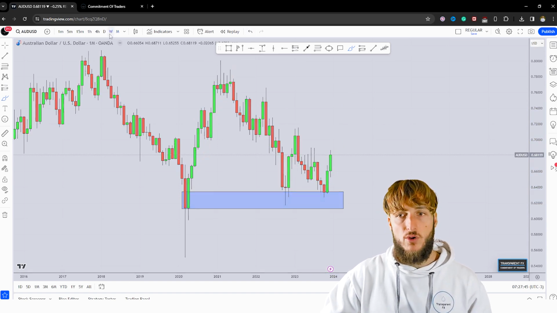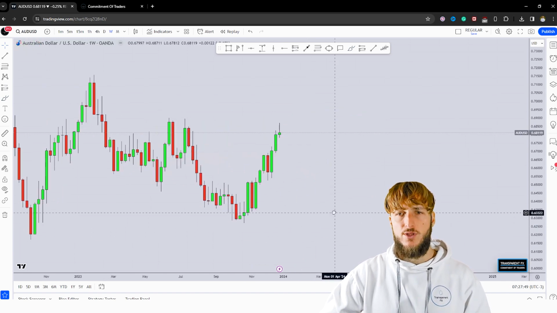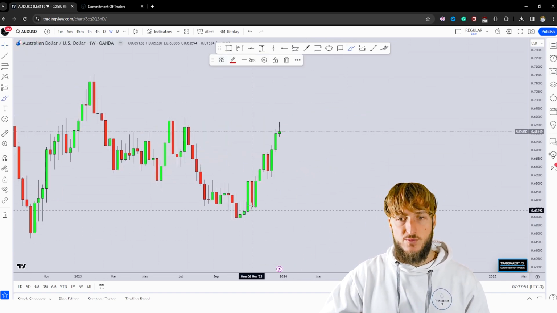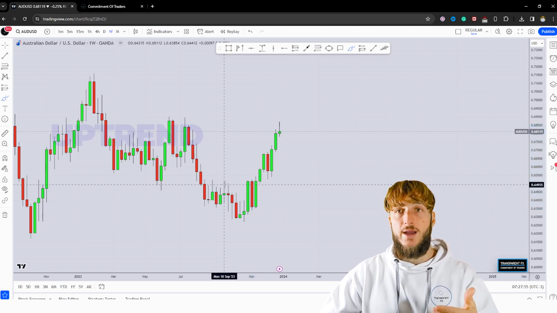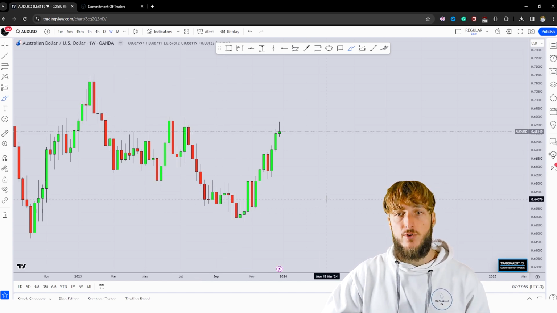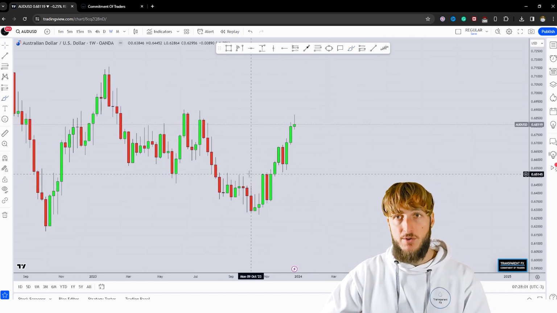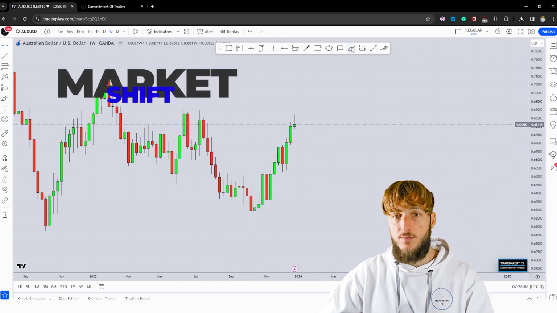Now, if we drop down on the weekly time frame, what do we see? Well, from a weekly standpoint, we can notice how increasing this move to the upside, the market has just created a series of new higher highs and higher lows. So essentially, we shifted here from having a weekly bearish market and bearish trend to a weekly bullish market and bullish trend.